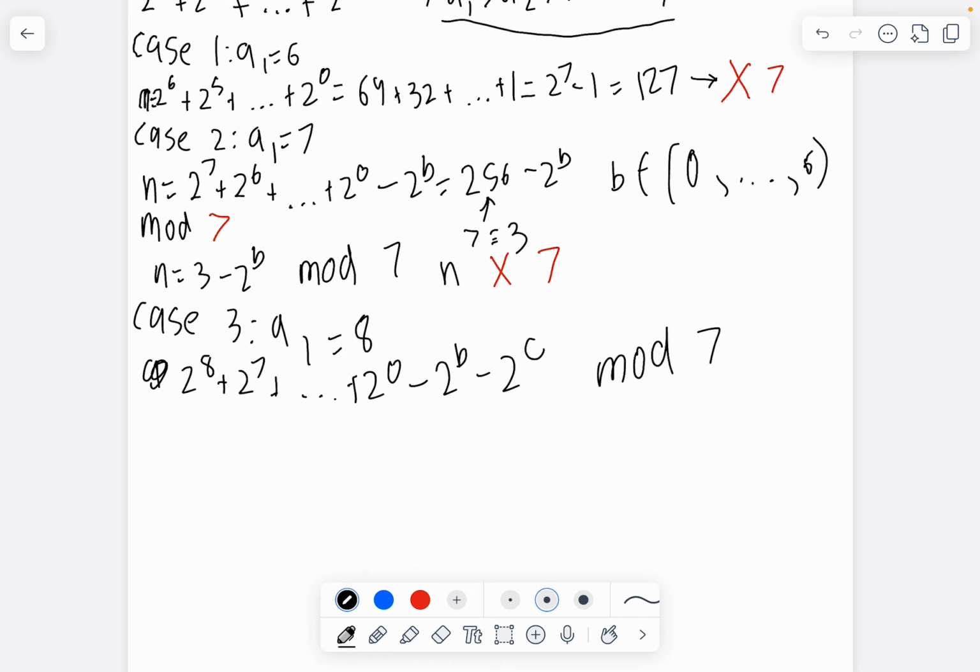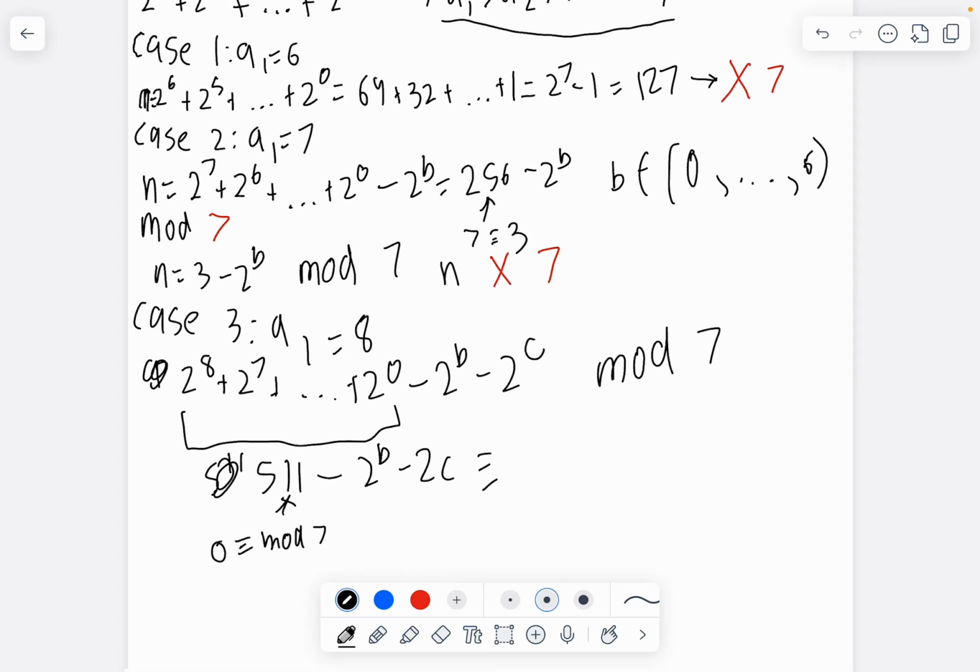So what we get is this whole value as 511, because it's 2^9 minus 1, minus 2^b minus 2^c. 511 is divisible by 7, so this is congruent to 0 mod 7. So now we have to do this in terms of negative 2^b minus 2^c.